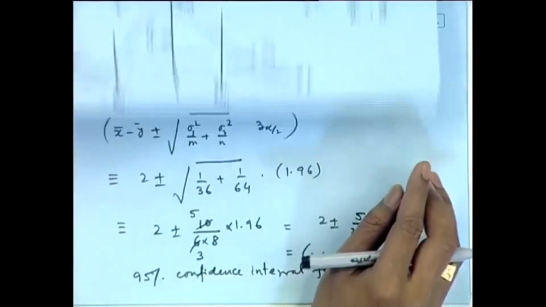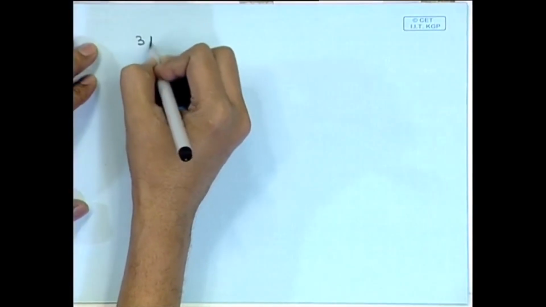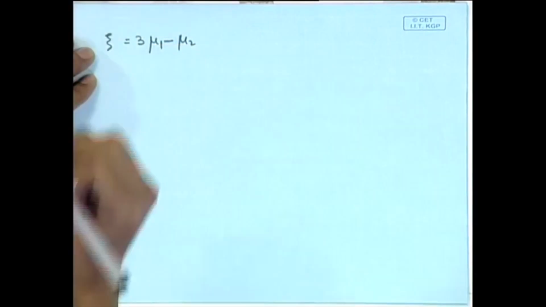It may happen that we feel that the new procedure is say 3 times as much effective as the previous procedure. So, in that case you would like to check whether mu 2 is equal to 3 mu 1, and therefore, you will like to find out a confidence interval for 3 mu 1 minus mu 2, let me call it say xi.